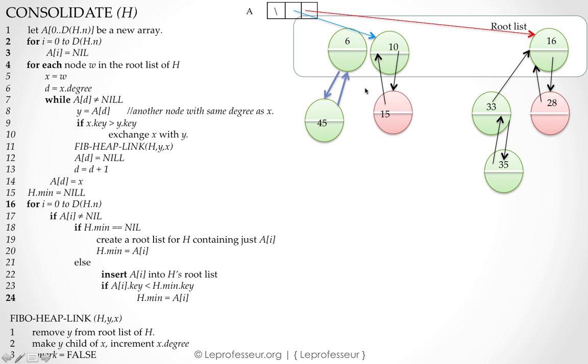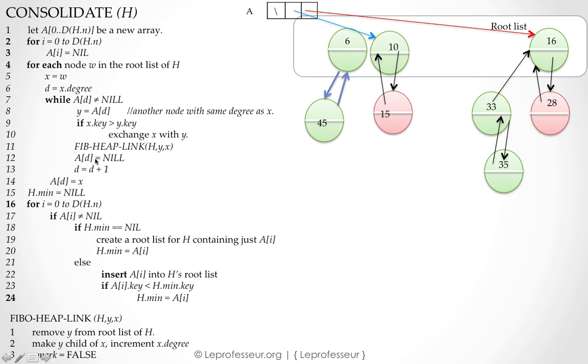And remember, this red color 6 means that the node was marked. But now, since we are adjusting here in the procedure Fibo heap link, which is doing the linking procedure, we are putting mark to false.